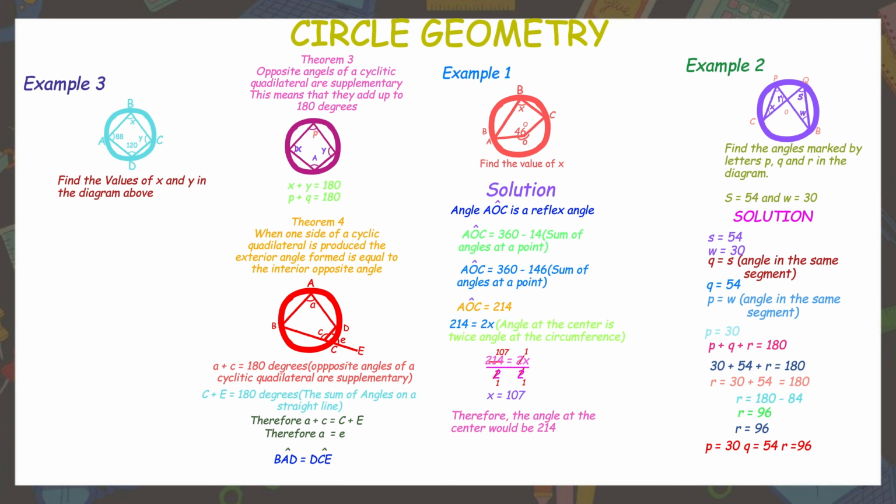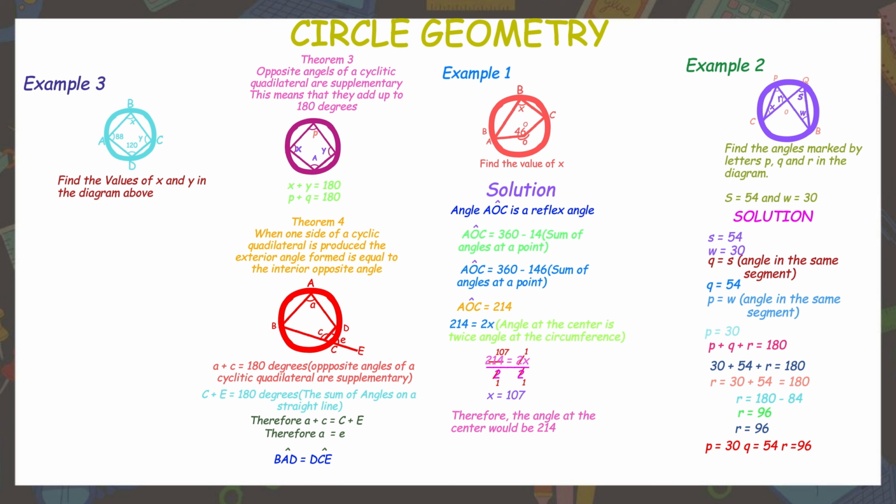Here is another example. When you look at this, you discover that this is a cyclic quadrilateral. I told you the other time that when the four vertices touch the circle, the first one, the second vertex, the third one, and the fourth one, that shows it is a cyclic quadrilateral, that is, a quadrilateral inside a circle.